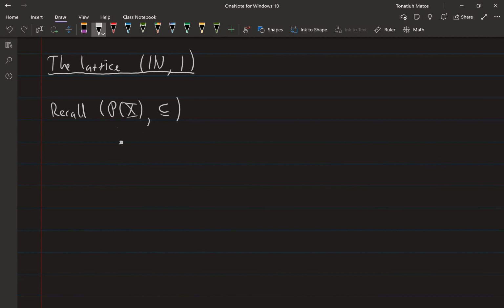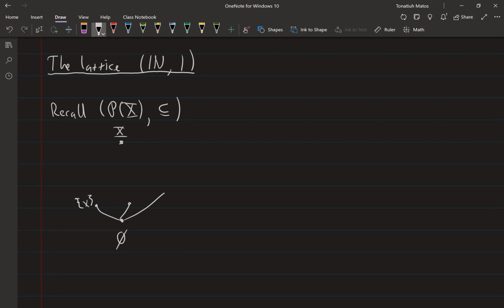So recall how this is sorted. You have X, which is the superset of all these elements. You have the empty set down here, you have singletons as a first layer, and then you have a bunch of stuff here, and this forms this weird structure.